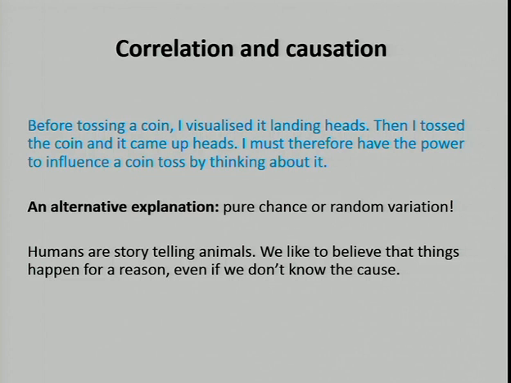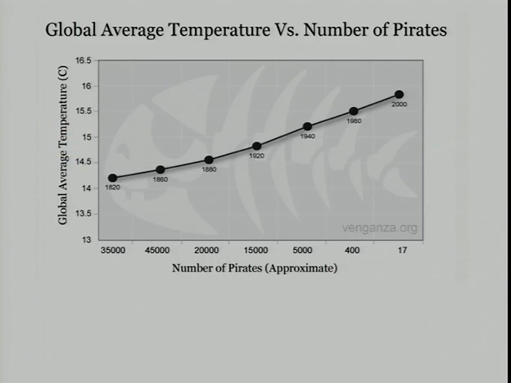Something like coin tosses, just random, right? Random variation is also always on the table. So if you're evaluating a causal claim, it's not always about finding an alternative causal story. Sometimes there just is no causal story whatsoever. And that can be the case in a wide range of examples. So don't forget that and take that into account.